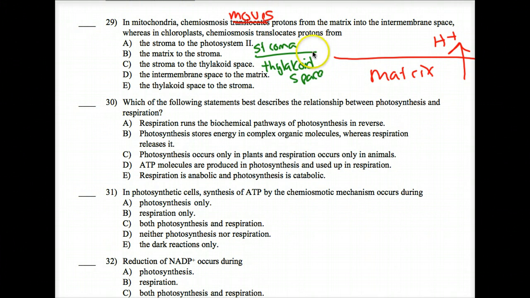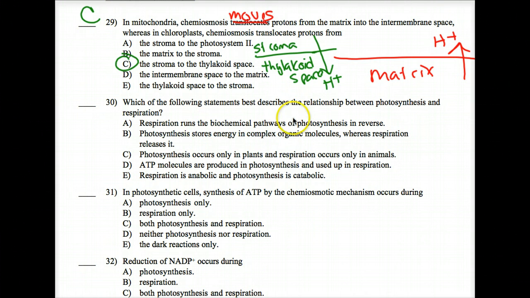And so we're actually doing this way, because remember, photosynthesis is basically cellular respiration backwards, so we're going the opposite direction. So we're translocating protons from where to where? From the stroma into the thylakoid space. So what answer does that match? That matches answer C.